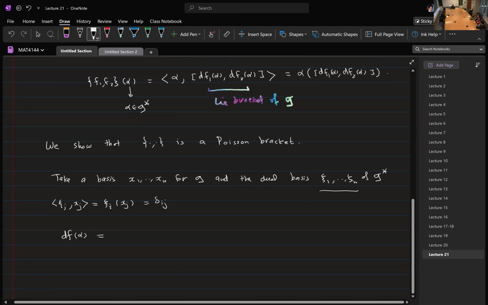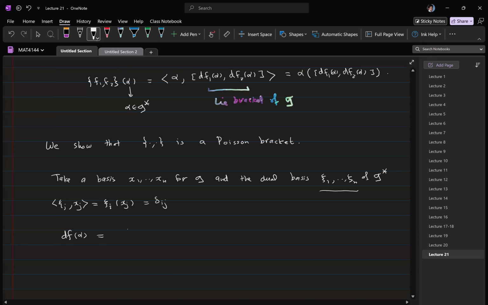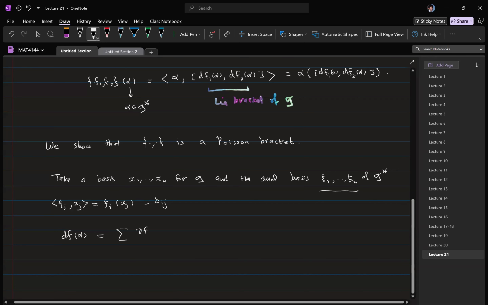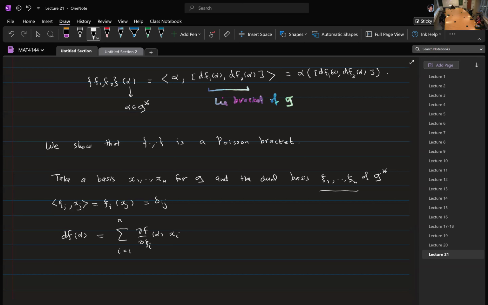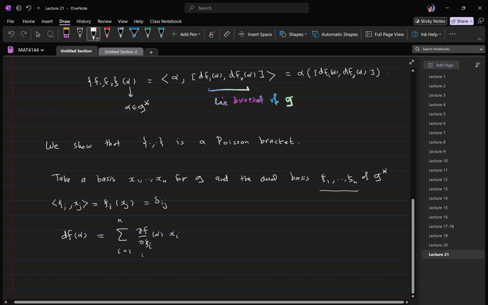Okay, so this means that this is really the sum over i of df dxi of alpha times xi. So here the point is that the directional derivative in the direction of xi would be this number.